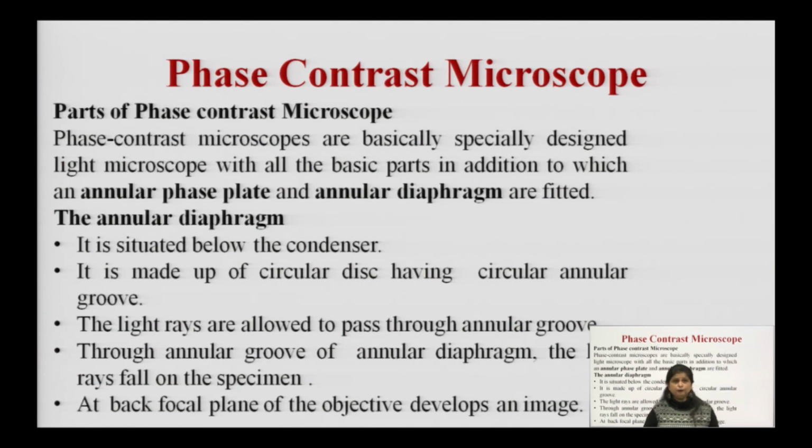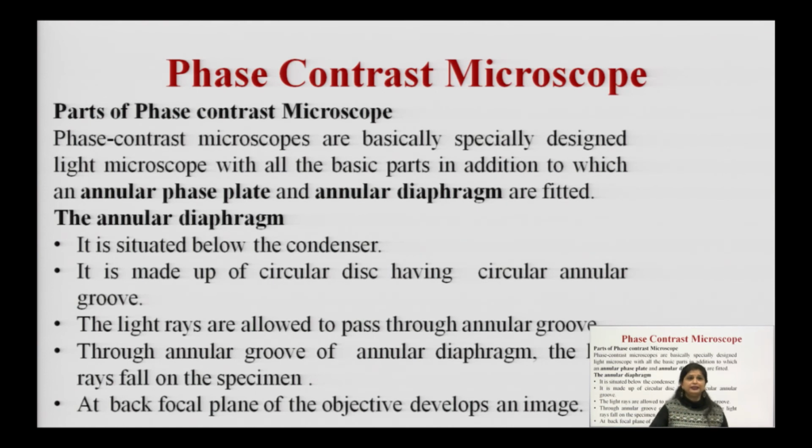Now, what are the main parts attached along with the construction of the conventional microscope? It also has a condenser lens, a specimen stage, objective lenses, ocular lenses, and an eyepiece.